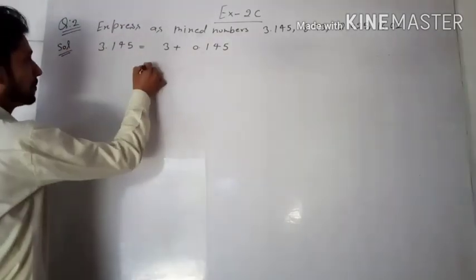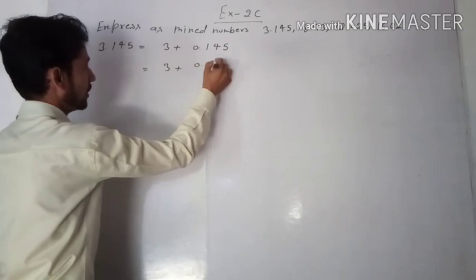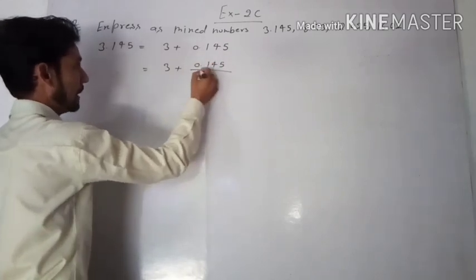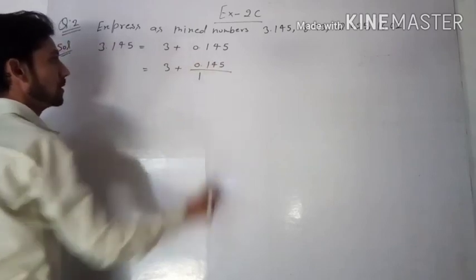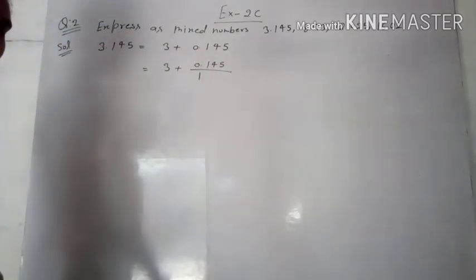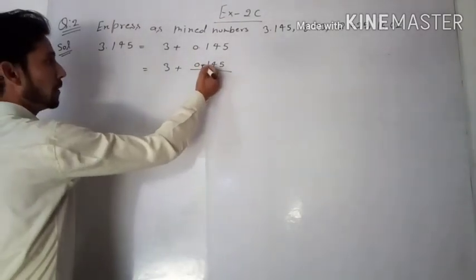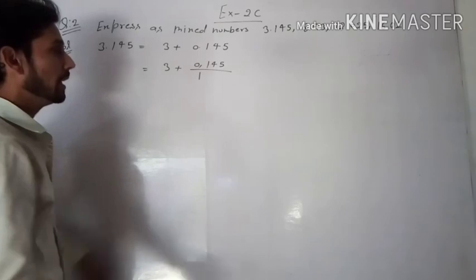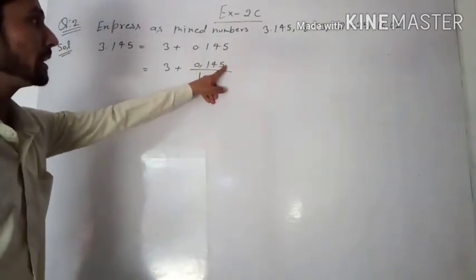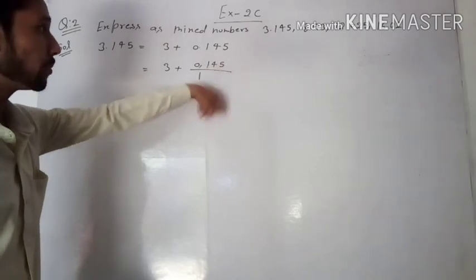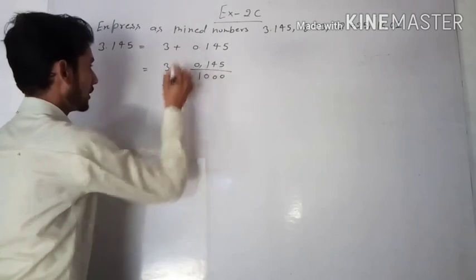Now 3 plus 0.145. Write 1 below the decimal and write the number of zeros. How many digits are given after the decimal? 3 digits are there, so 3 zeros come here.